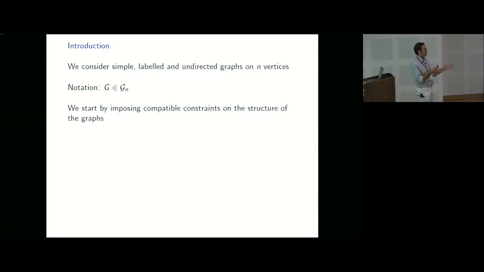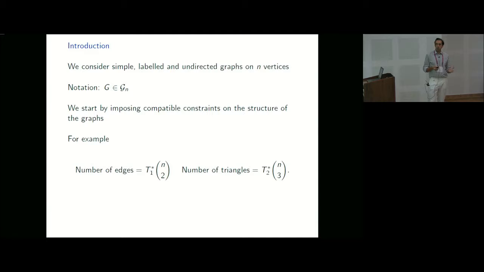You are looking at some network and then you observe some quantities. We'll call these quantities constraints. And you can think of a simple example where you have the number of edges and number of triangles in your network. And we will usually express these observables in terms of some density, so a fraction of the total number of edges and a fraction of the total number of triangles.